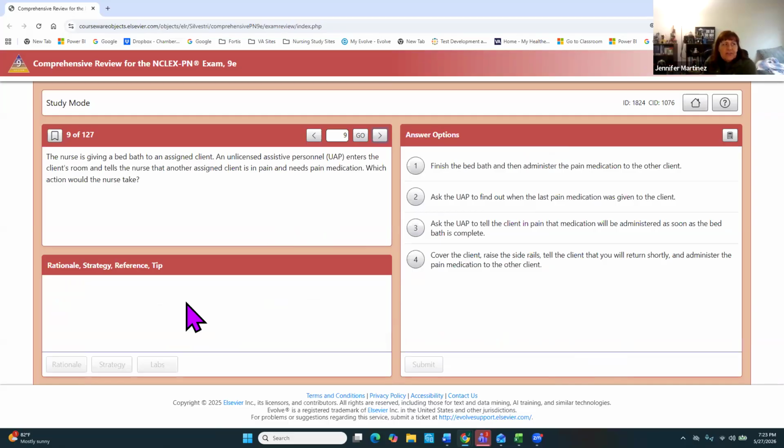All right. The nurse is giving a bed bath to an assigned client. A UAP enters the client's room and tells the nurse that another assigned client is in pain and needs pain medication.